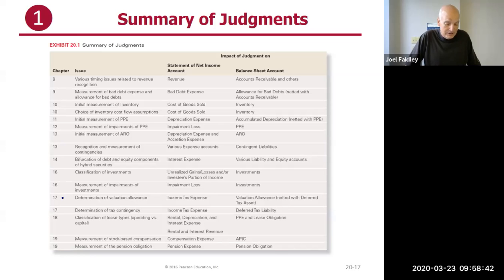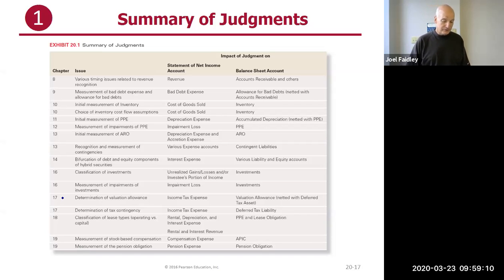Chapter 11, initial measurement of property, plant, and equipment. Chapter 12, we talked about impairments, right? There's judgments involved there. What about the ARO, Chapter 13, asset retirement obligations, your liability. And if it's a liability, set up on your books, recognition, measurement of contingencies in Chapter 13.